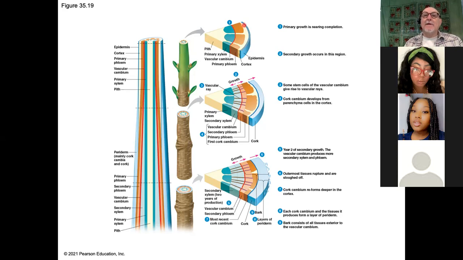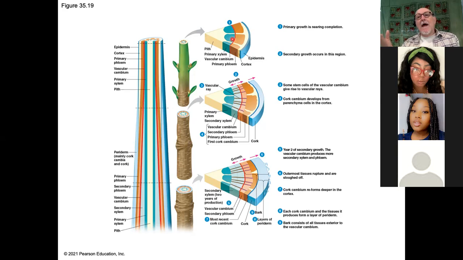There's an epidermis to the outside, cortical ground tissue, pith in the middle, and then the vascular bundles are organized as discrete bundles like this. They have arisen originally from what is called the procambium, the primary vascular meristem that has produced these initial bundles.